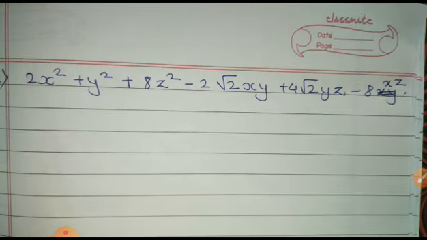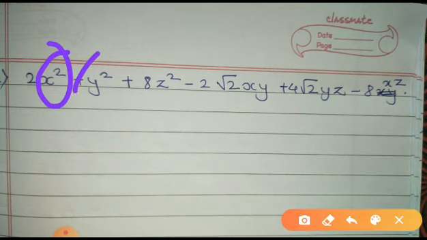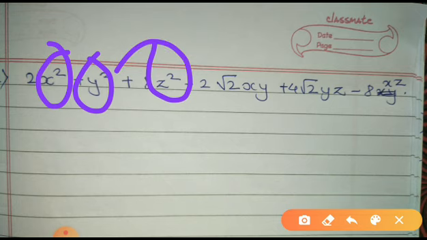Next, 2x square plus y square plus 8z square minus 2 root 2xy plus 4 root 2yz minus 8xz. Again you have how many terms? 6 terms. Again 3 square terms I have. So that will be your which identity? A plus b plus c the whole square.